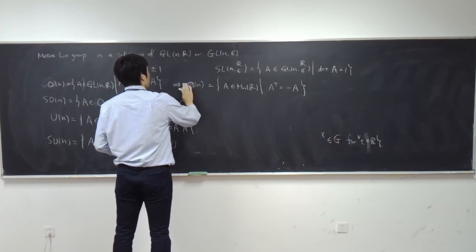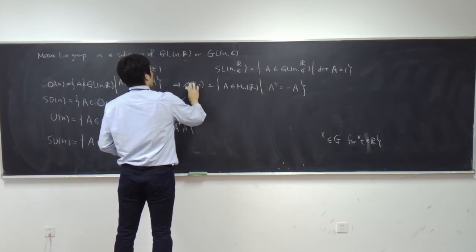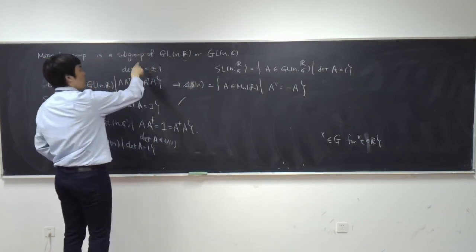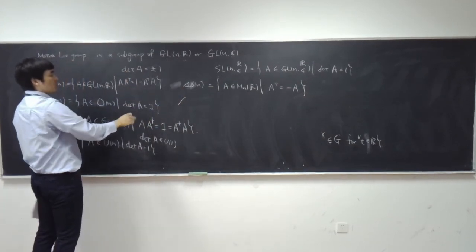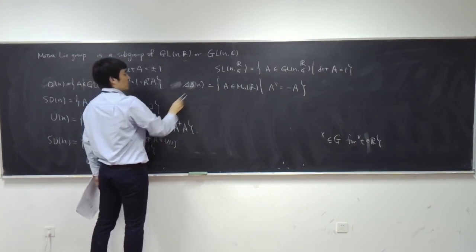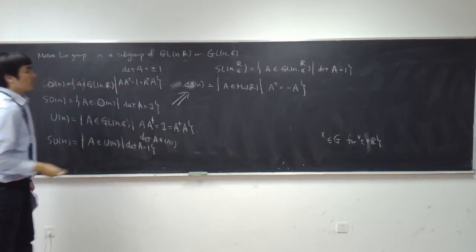So SO(N), sorry. It has two components, so the algebra of O(N) does not make so much sense. So let's consider SO(N).